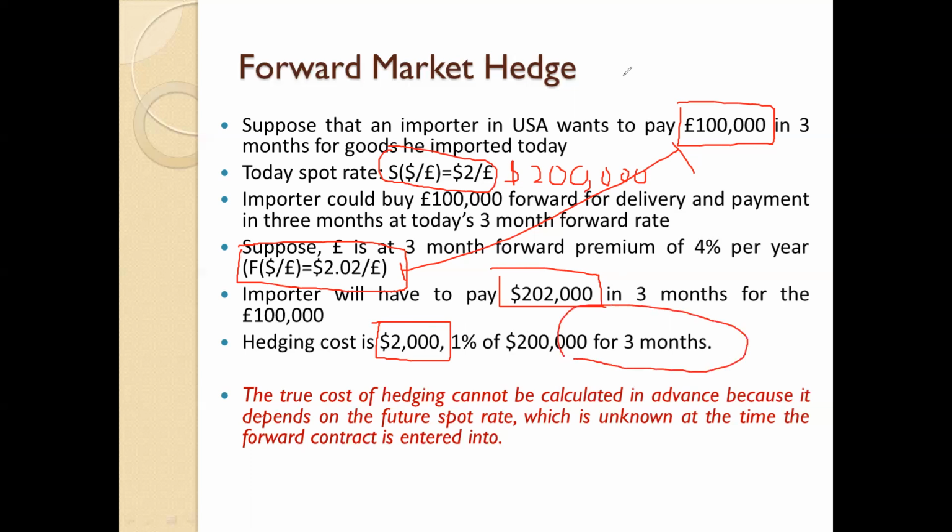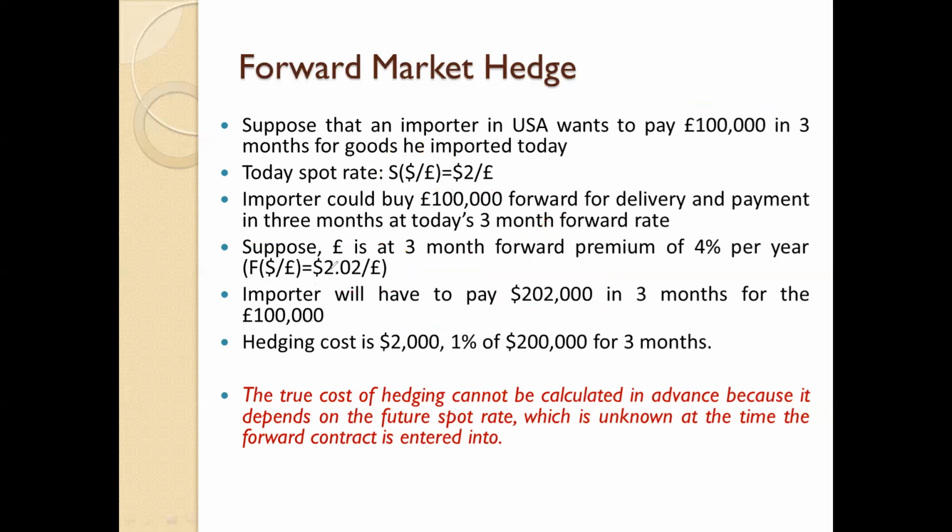Right. Now, let's assume that without going with the forward contract, we are going to settle the transaction after 3 months at the given spot rate. Right. So after 3 months, suppose that the spot rate is $2.08 per pound.